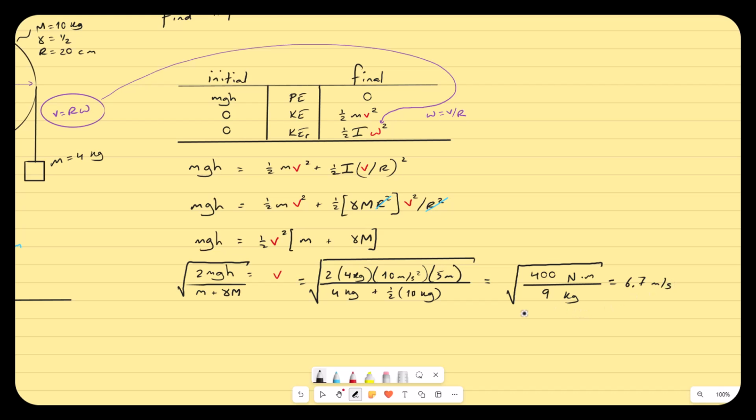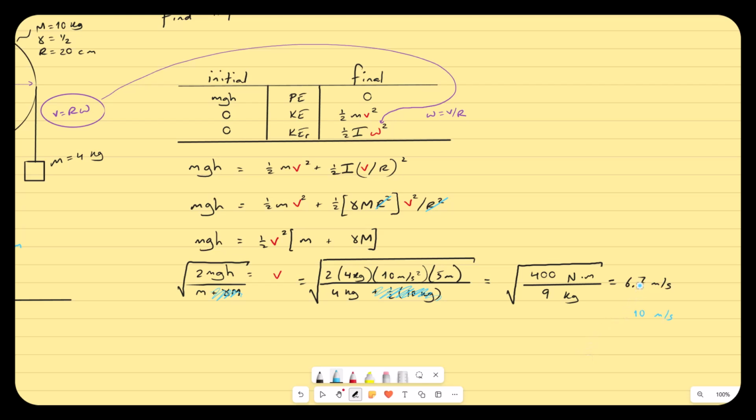meters per second. If this thing had just fallen instead, this term would have been 0, because my wheel isn't rotating, and I would have had 400 over 4, which is 100. Take the square root of that, and I would have gotten 10 meters per second.